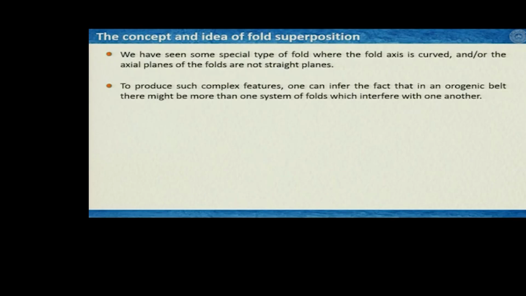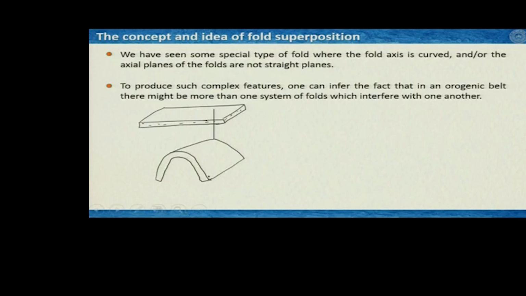To give you an example, you can consider that you had this initial straight layer, something like that, and then it got folded to form a shape like this. So this is an antiform. It is an upright fold, and so on. Now, what we see here, the fold axis is this one, which is straight. The axial plane, if you consider, is also straight.